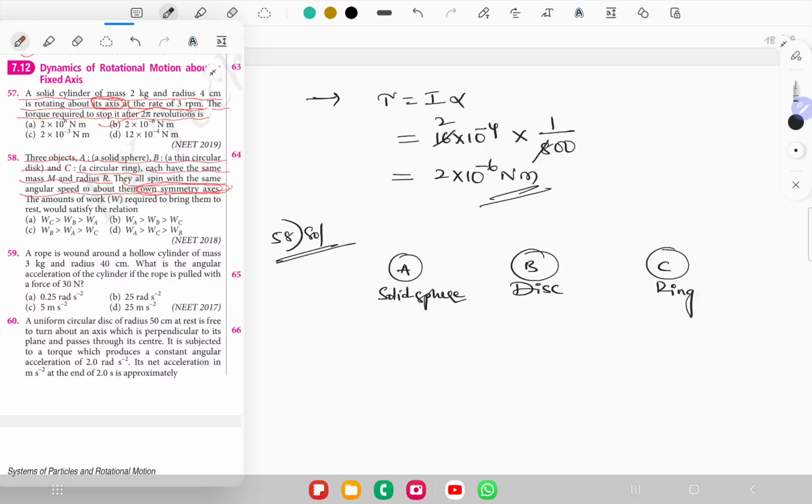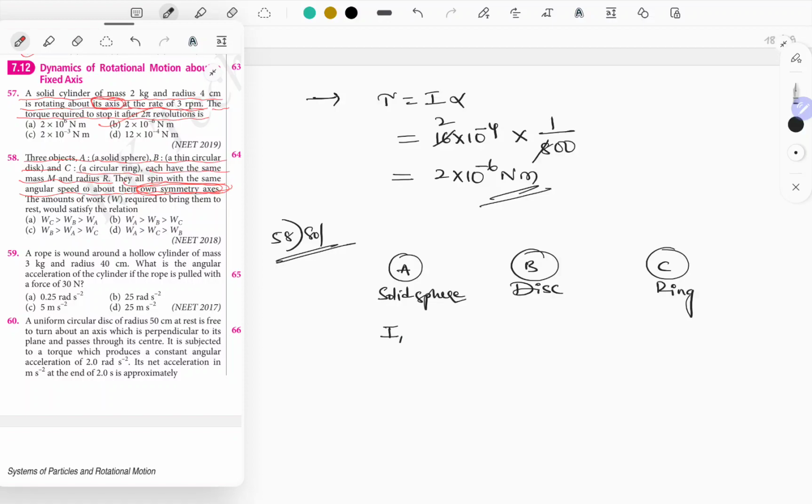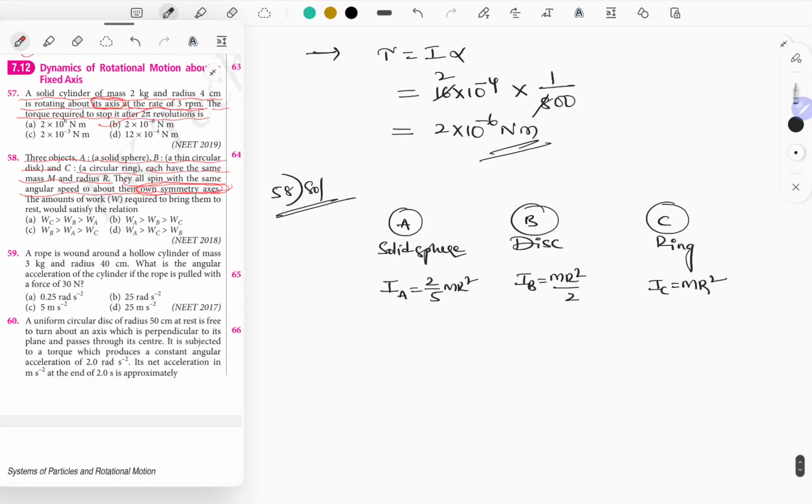Own symmetric axis, in the sense, moment of inertia of the solid sphere is 2 by 5 mr square. Moment of inertia of the disk is mr square by 2. Moment of inertia of the ring is mr square about its own symmetry axis. What's the question they're asking?